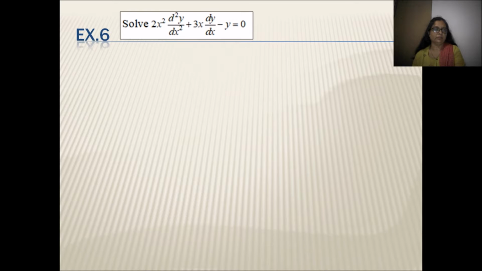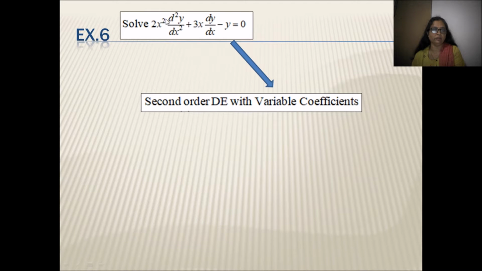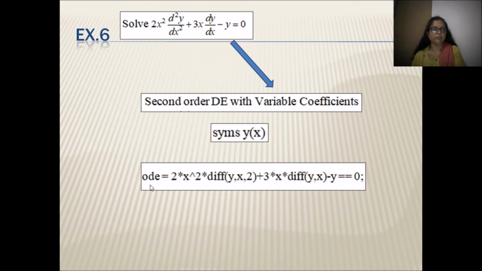Now example number 6, which is higher order differential equation with variable coefficient. Here second order differential equation. Here first step is syms y of x. Then express the ordinary differential equation by applying differential symbols and arithmetic operation.